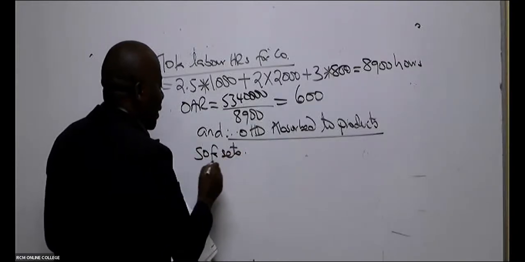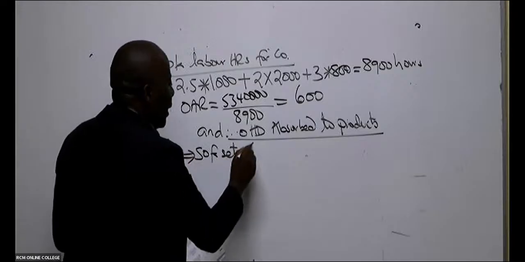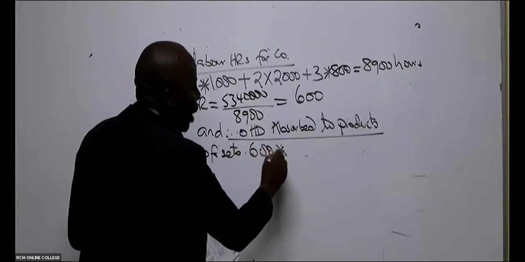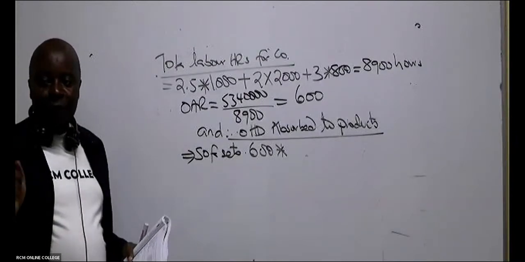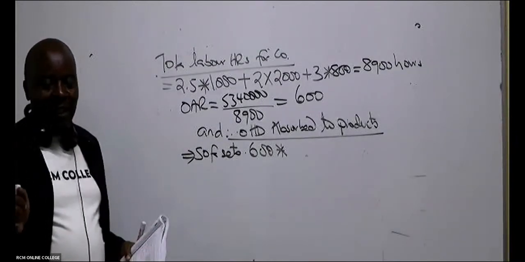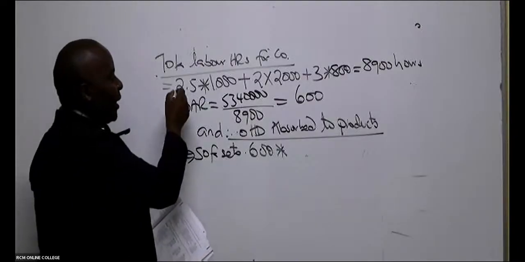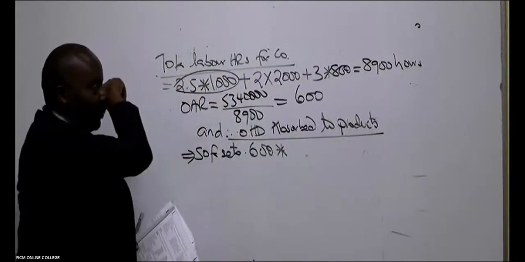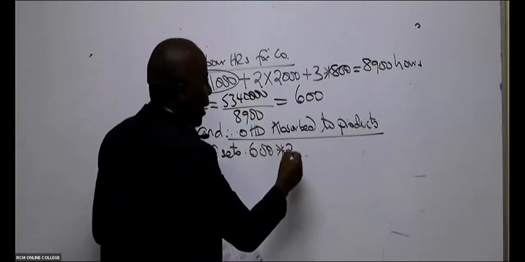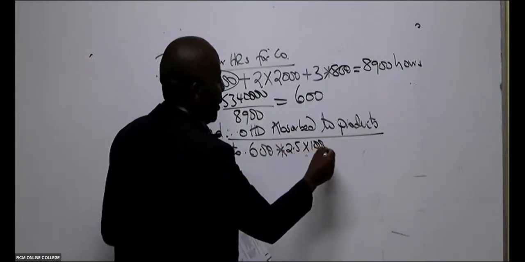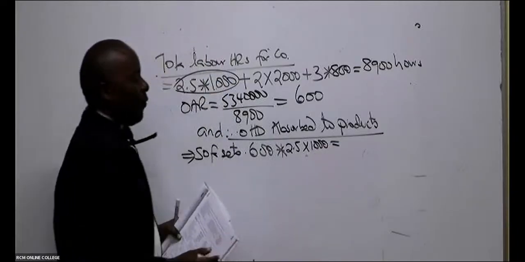So for sofa sets, we know that we are absorbing 600 for each hour. But how many hours do we need for all sofa sets? Do you remember them? Number of hours we need for sofa sets, so times 2.5 times 1,000. Can you kindly give me this figure?